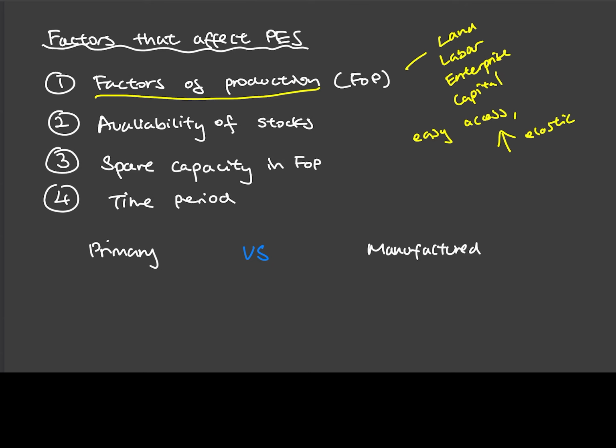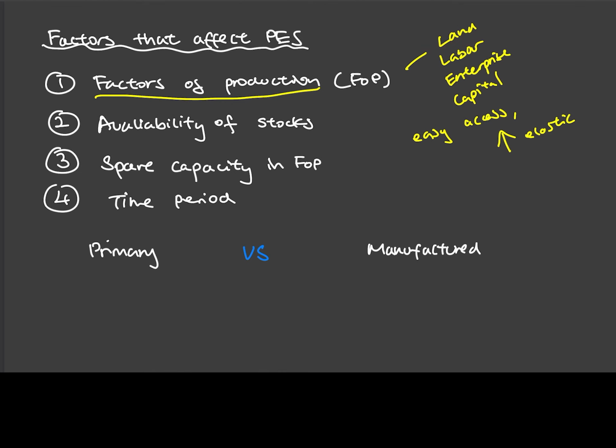Let's take an example. You might have one guy that's a diamond producer, and one guy who is a producer of cell phones. As you know, diamonds are much, much harder to get than cell phones. You have to mine hundreds of kilometers underground for them, and they're very rare. So that means they have very hard access to these factors of production, namely land in this case for diamond production.